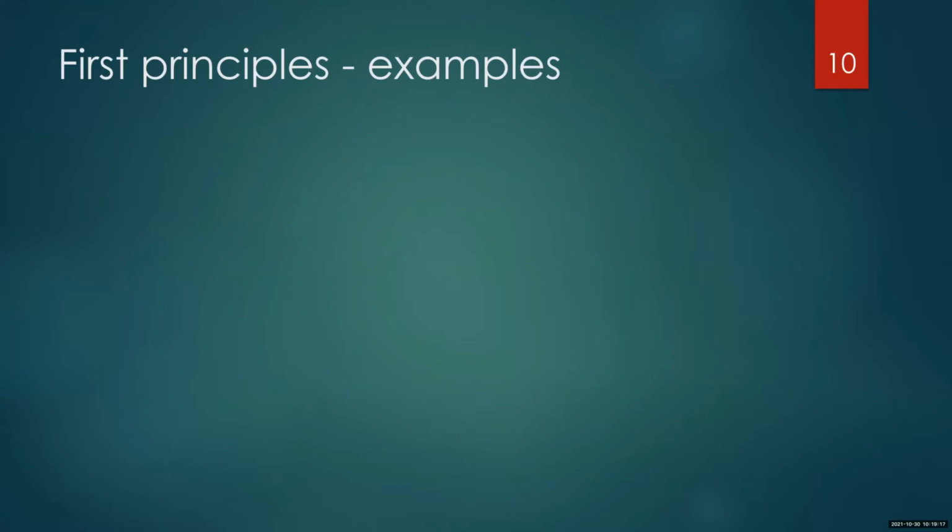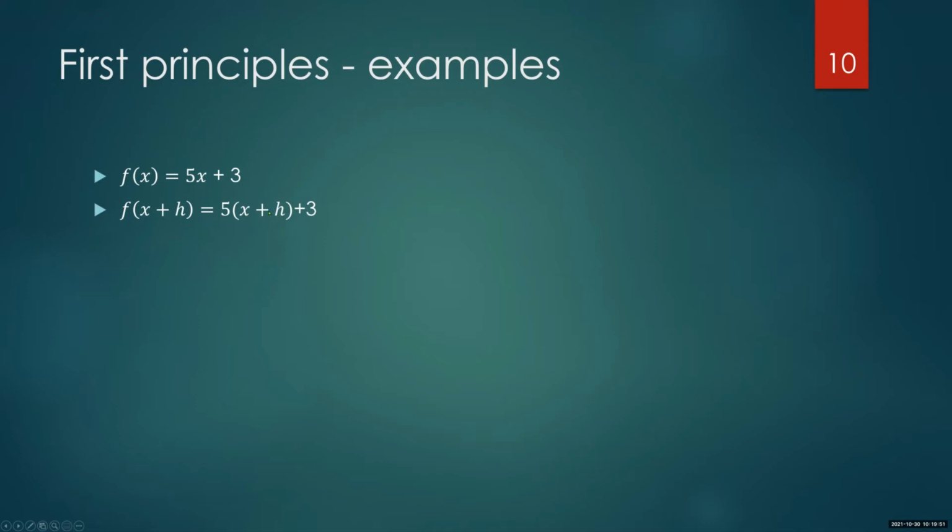So we're now ready to start differentiating from first principles. Differentiating from first principles simply means using the limit of f of x plus h minus f of x all over h. So let's look at a simple example first of all to see how we do this. Here we've got f of x is equal to 5x plus 3. It's a line. So f of x plus h is equal to 5 of x plus h plus 3.